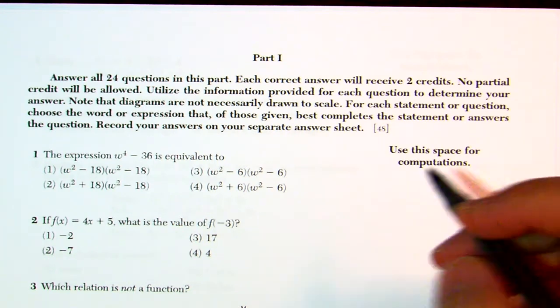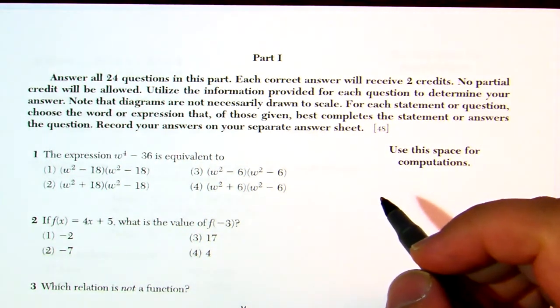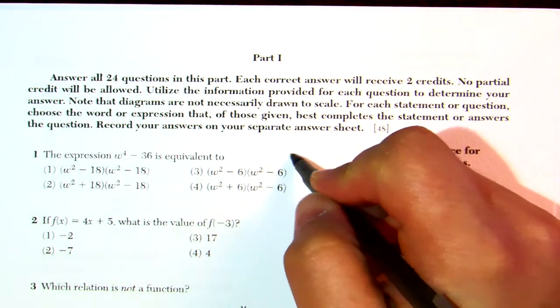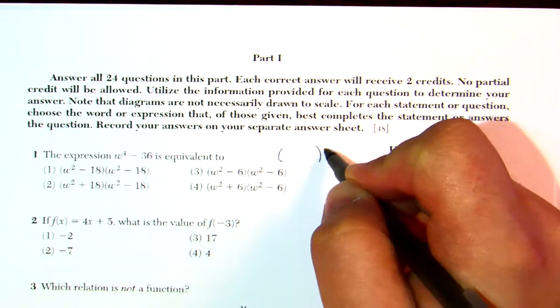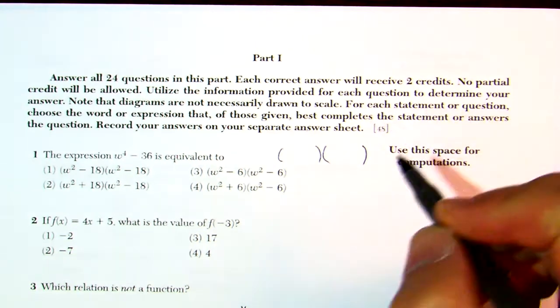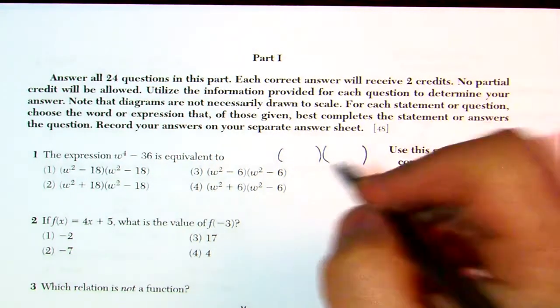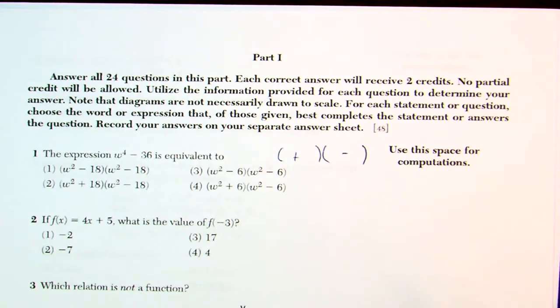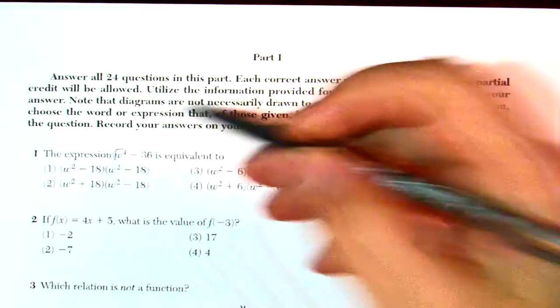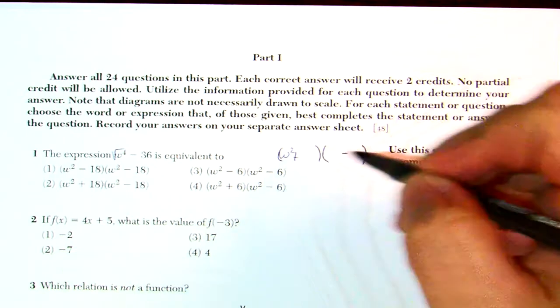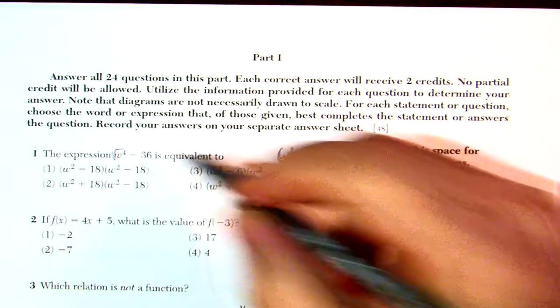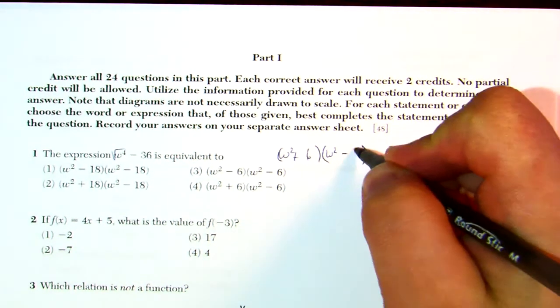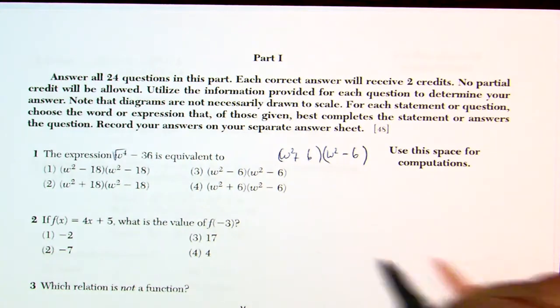So the trick was just to take the square root of both, knowing that we're going to have opposite signs in the parentheses. So we're going to have a plus and a minus. The square root of w to the fourth is w squared, and the square root of 36 is 6. So the answer is choice 4.